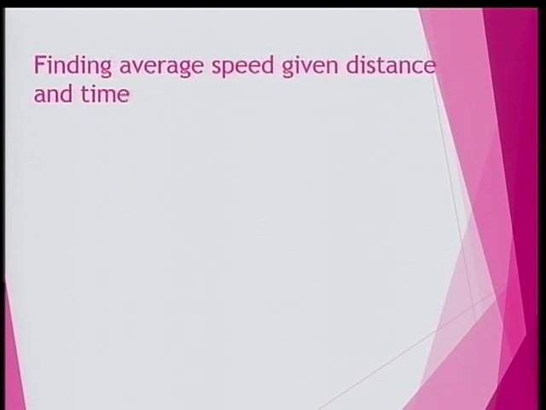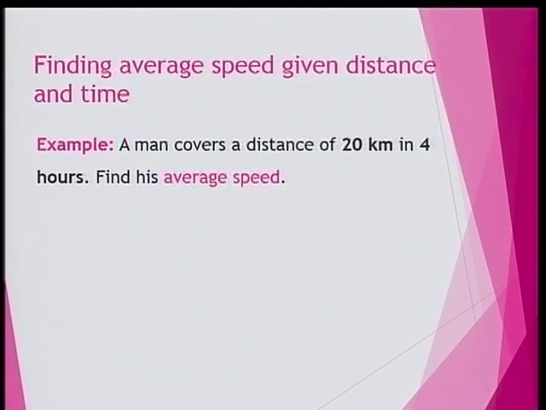Now, how do you find the average speed given distance and time? Let us consider an example. A man covers a distance of 20 kilometers in 4 hours. Find his average speed. So, the solution?